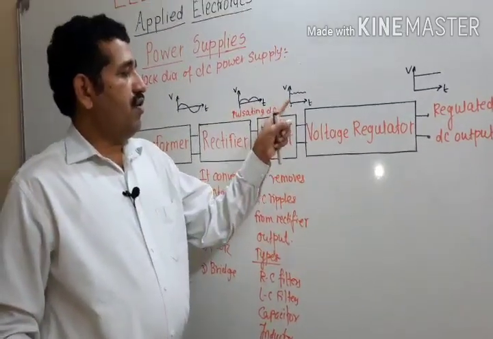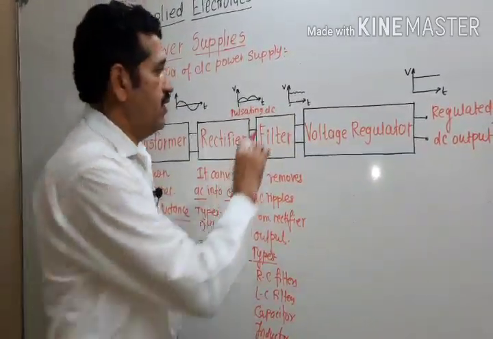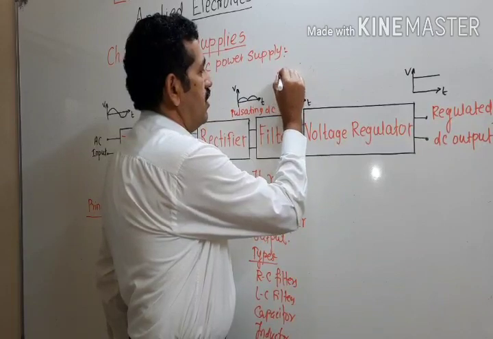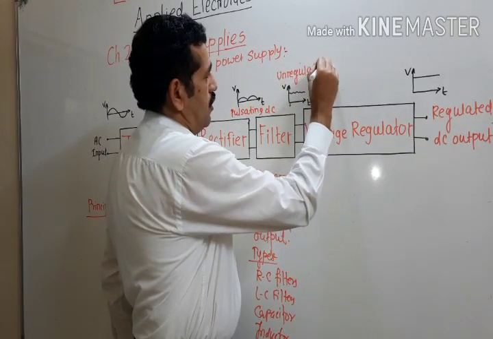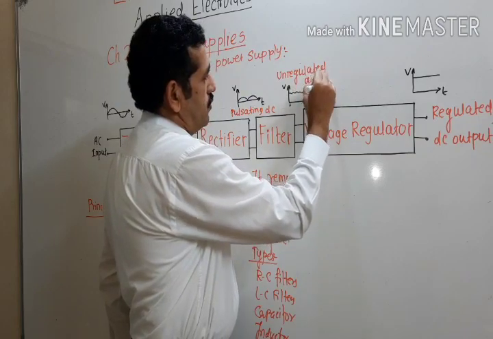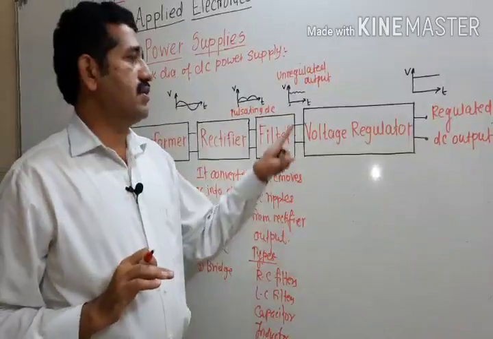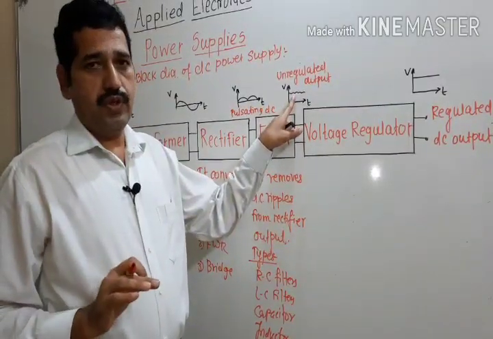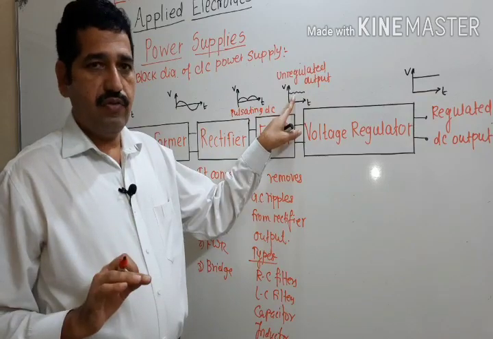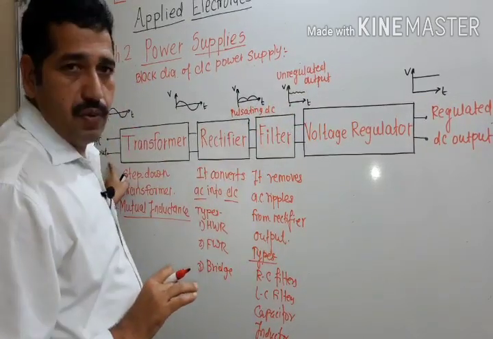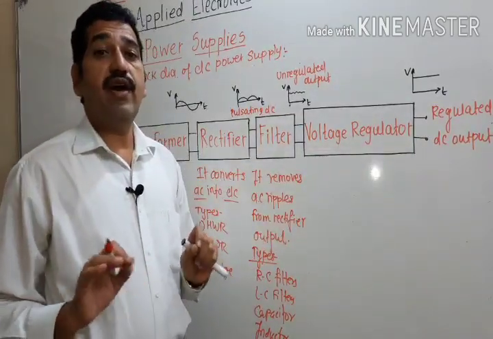Now the output of the filter is not regulated. This output is unregulated output. Unregulated output means that output voltage is not constant when supply voltage or load current varies.